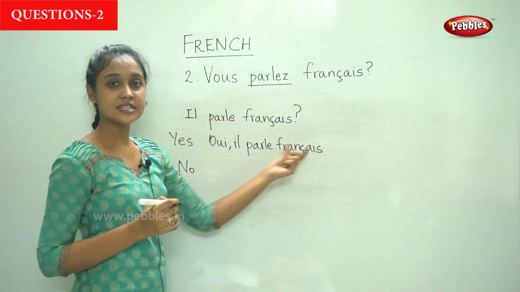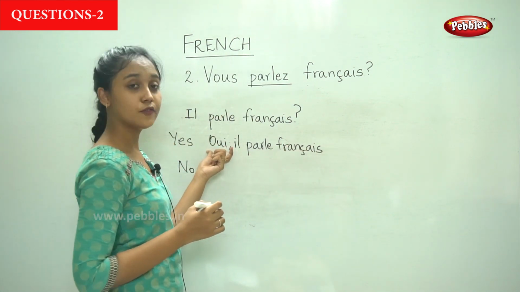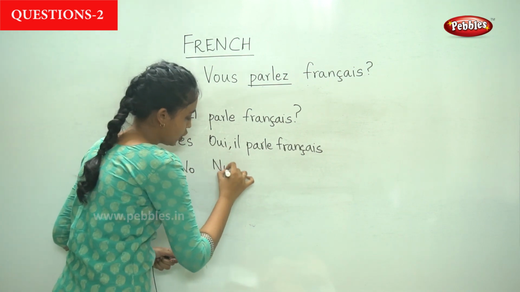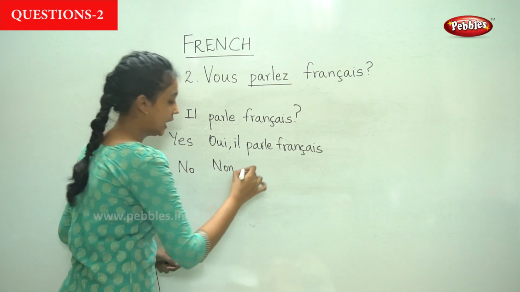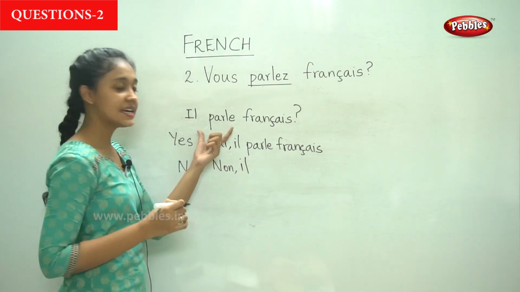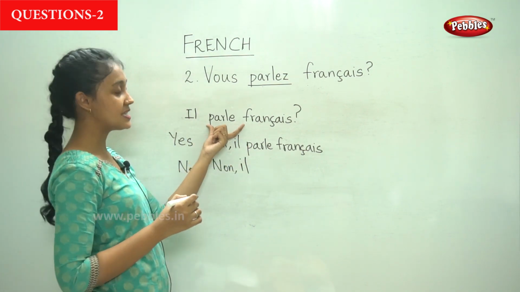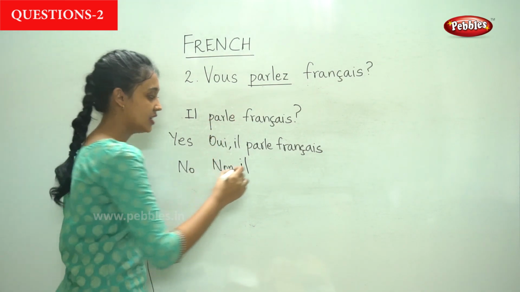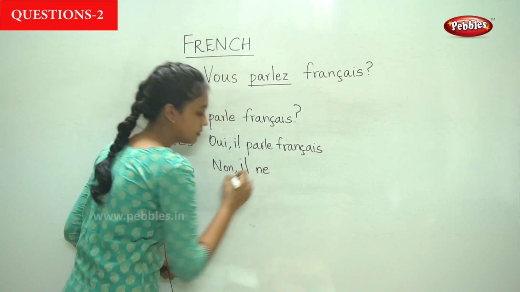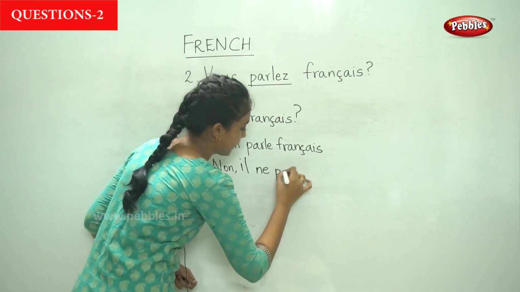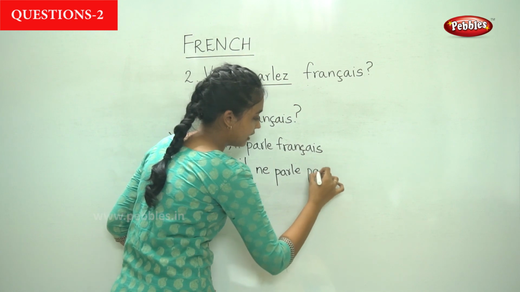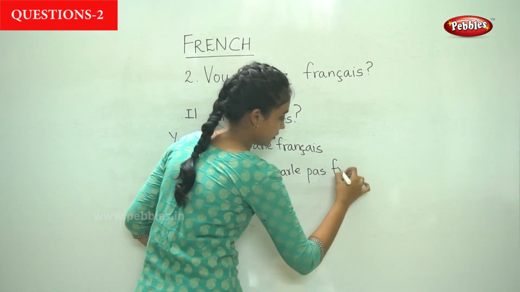If your answer is no, he doesn't speak French. To make this a negative sentence, I told you, you must add ne before the verb and pas after the verb.